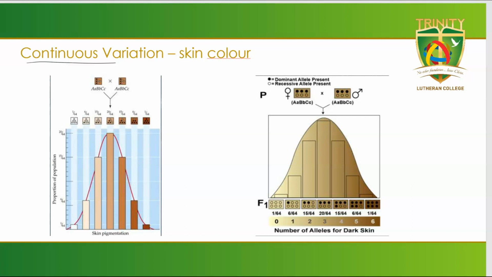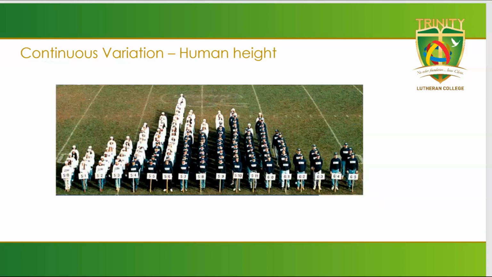And we call this continuous variation because skin color is a continuum. You can be everywhere from the absolute lightest to the absolute darkest, and people fall somewhere in the middle along this bell curve. Skin color isn't the only continuum that we find, and it's also a polygenic trait.